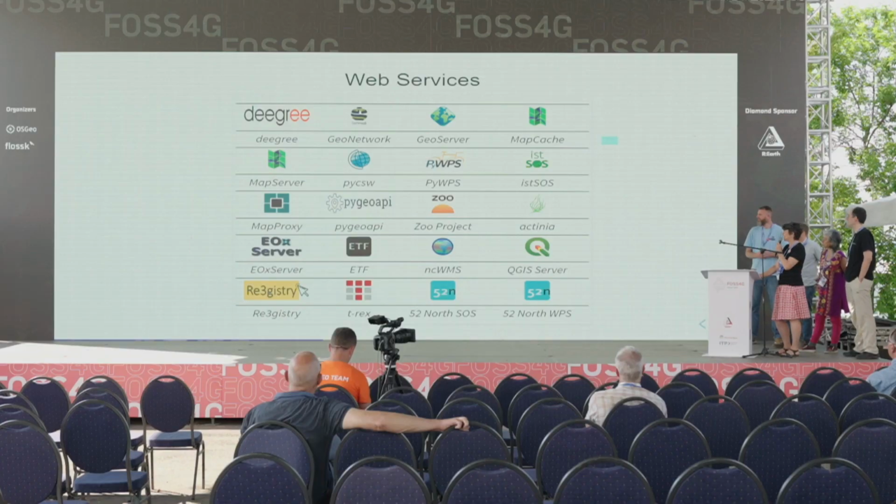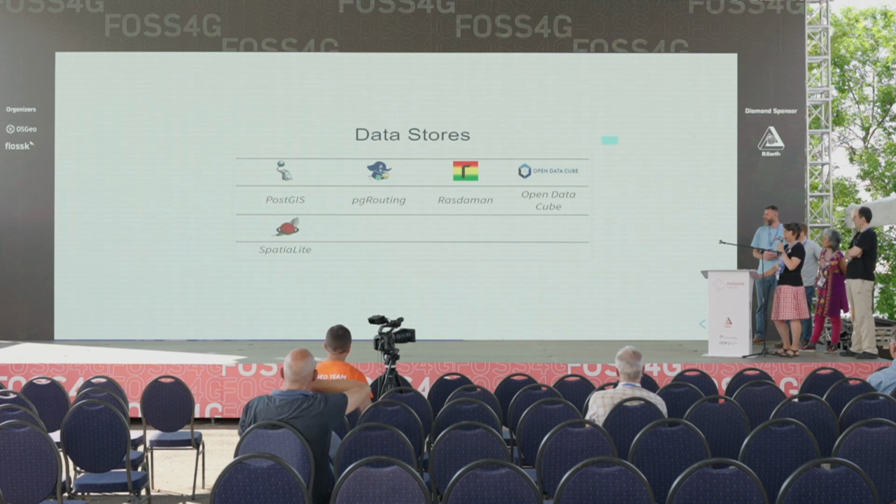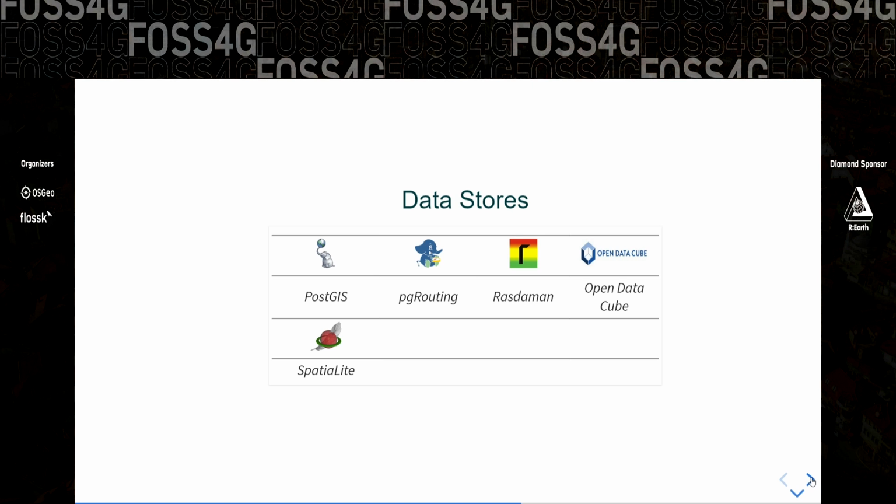Then we have web services, and as you can see, this is the biggest category of applications in OSGeoLive, with a lot of powerful projects. Then we have data stores. There you find applications like PostGIS and pgRouting, and our new project, Open Data Cube.